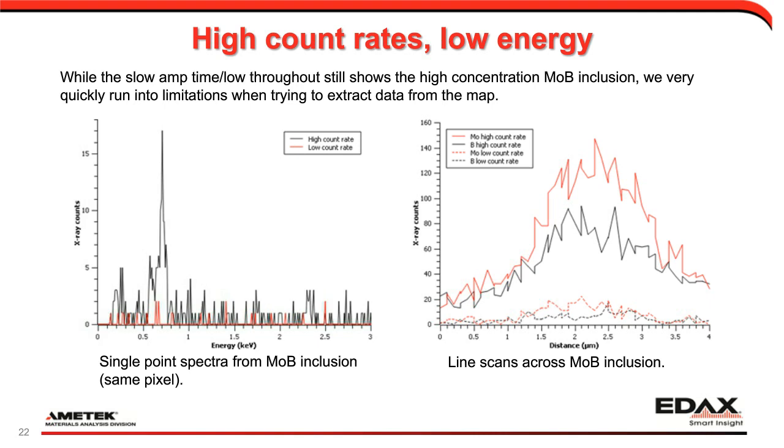On the right-hand side, I show a line profile extraction across the region for moly and boron in both the high count rate and the low count rate maps. And we can see that there is an increase in the high count rates, whereas the low count rate is close to noise levels, whatever is going on.